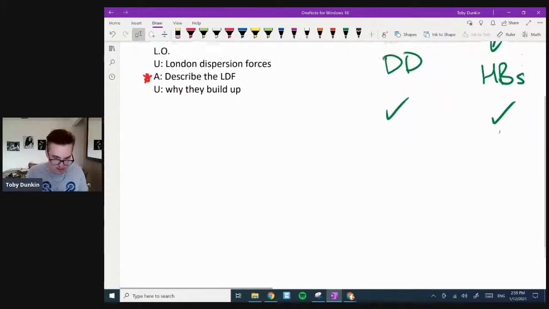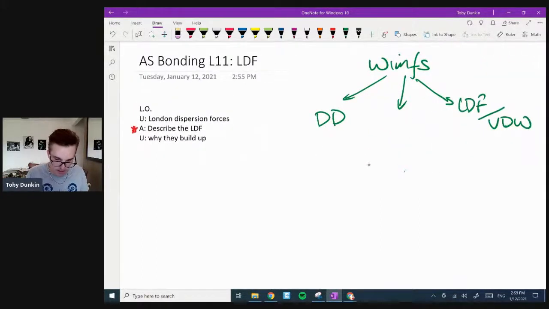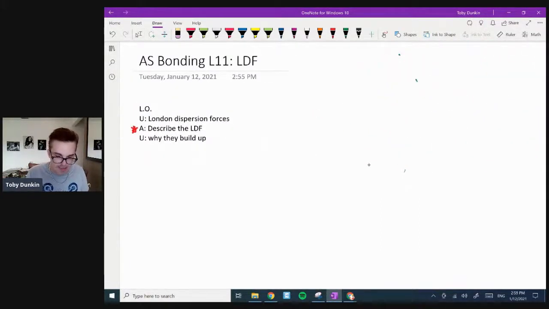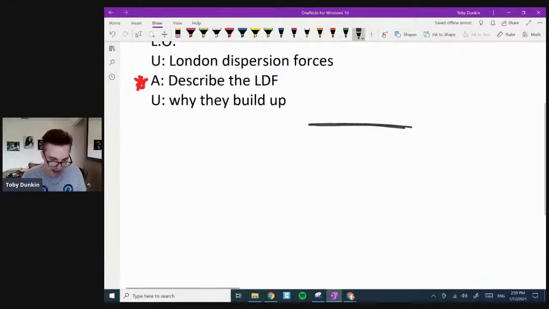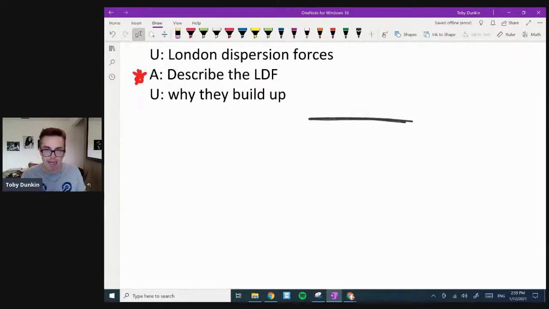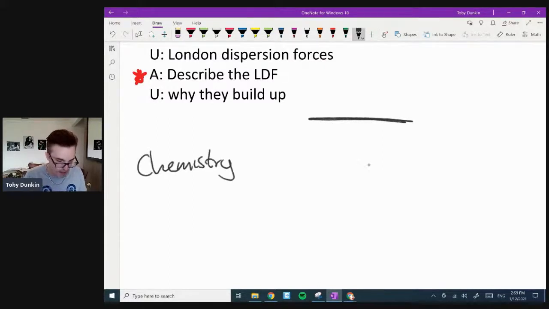Okay, so let's start breaking down London dispersion forces. I think most people at this stage tend to start to get a grasp of what's happening here. Chemistry is fundamentally built from one force, and that is the electrostatic attraction.